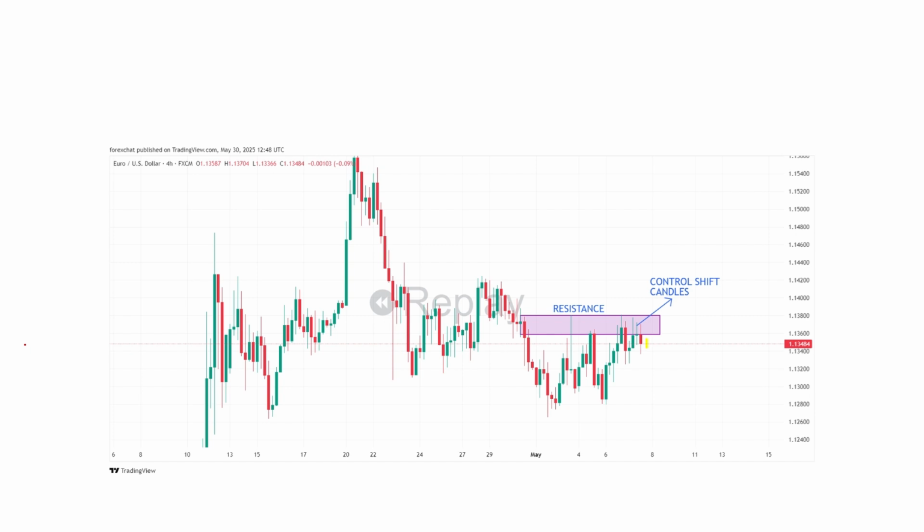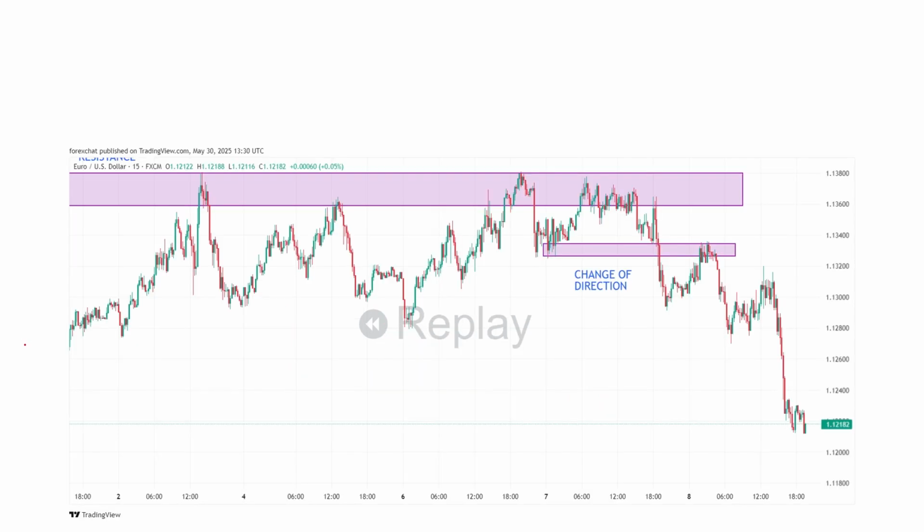If you see a control shift candle on D1, you should go down to H1 to look for entries. And if you see a control shift candle on H4, you should go to M15 to look for entries. And this is how you find your entries. Do you remember, guys, when we talked about market direction?